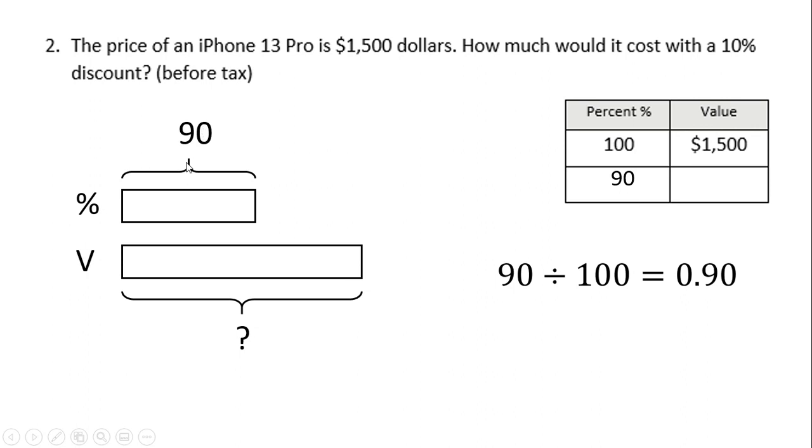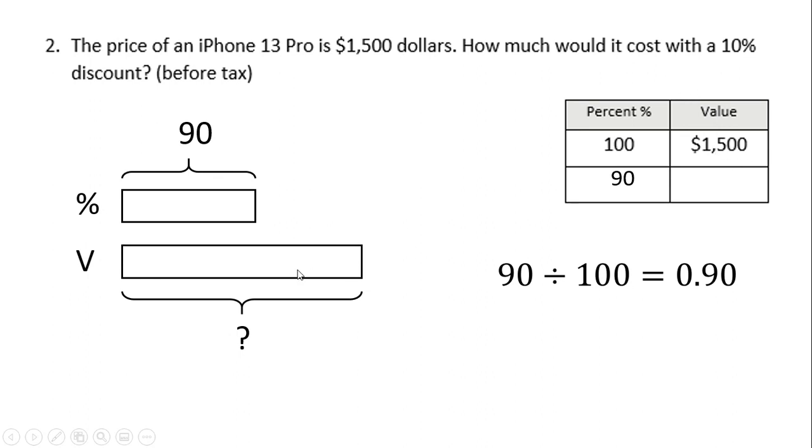90 clearly needs to be divided into all these groups, which there are 100 of. So each group in this model is now worth 9/10 or 90 hundredths, 0.9. And at the bottom, the total will be 0.90, 90 hundredths, times 1,500.